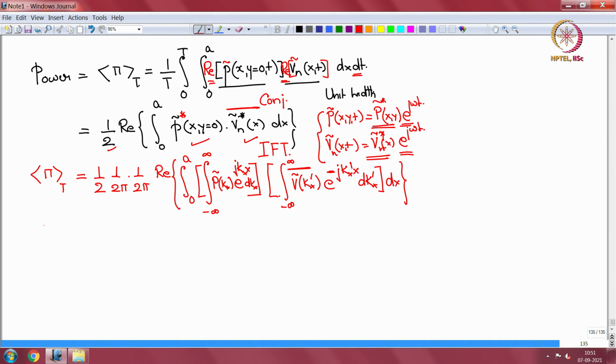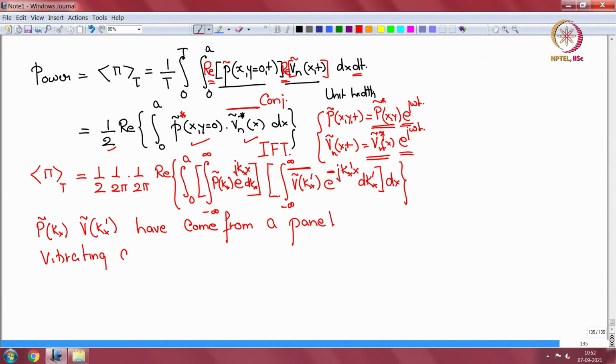Now the P tilde kx and V tilde kx dash have come from a panel vibrating only between this.